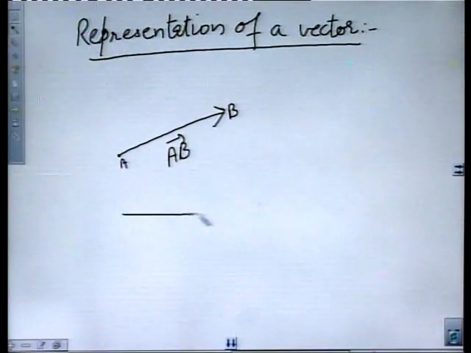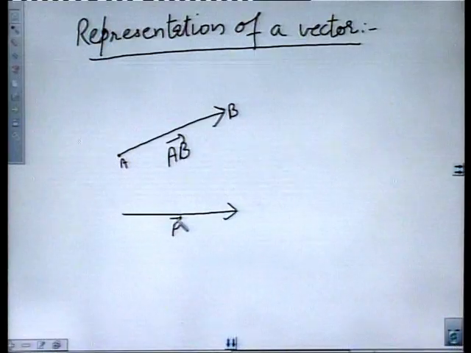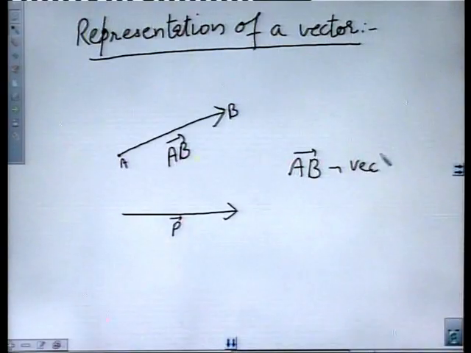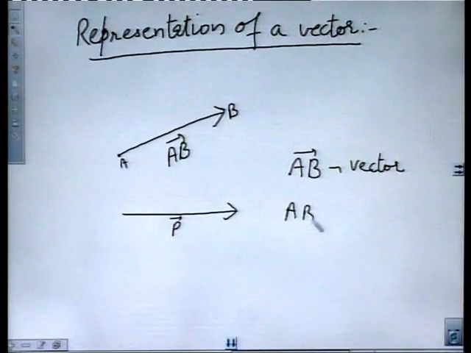We can also represent a vector by P vector. So this P vector is simply a line with an arrowhead. The magnitude of any vector is represented by modulus of AB vector. If we have to take its magnitude, then we take it as modulus of AB vector.